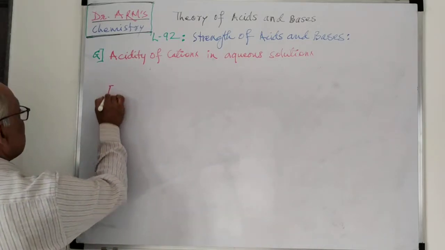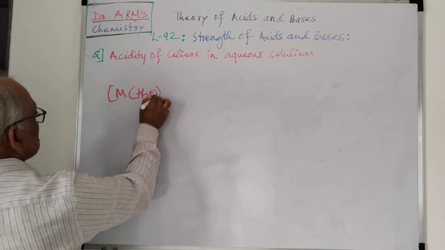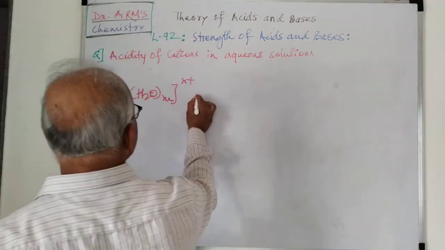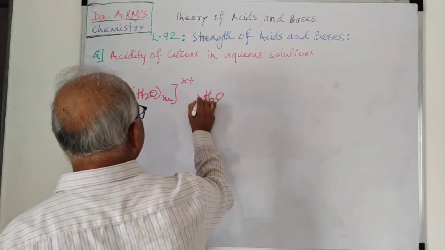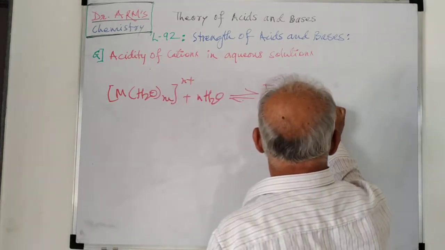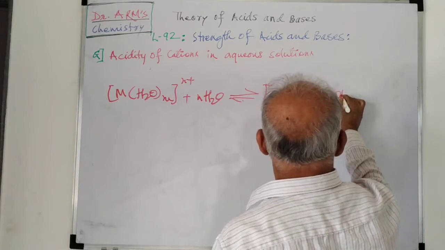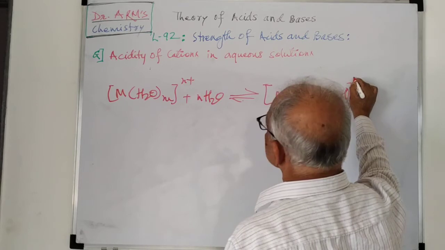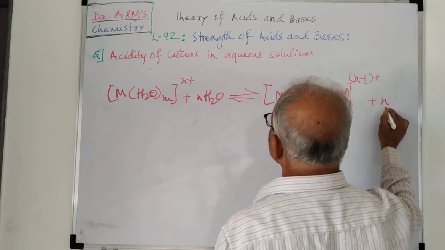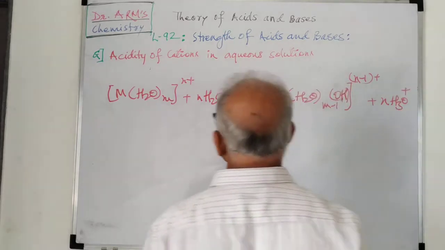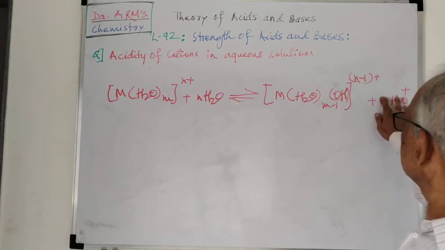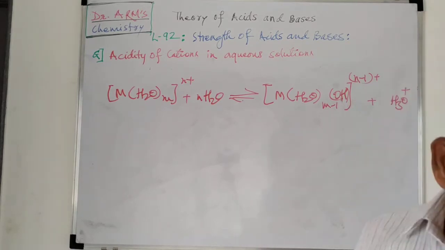For example, the generalization will be like this: M(H2O)n with charge n plus, when dissolved in water, produces M(H2O)n-1(OH) with charge n-1 plus, and only one H3O plus, not n. The OH is just a spectator.